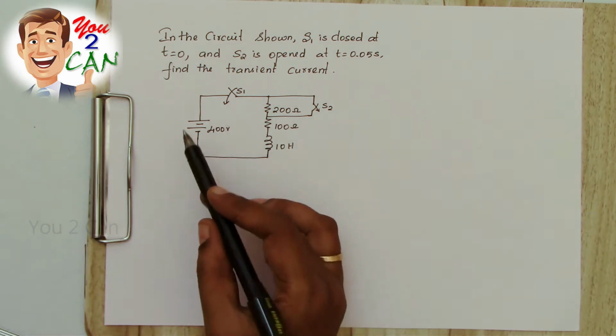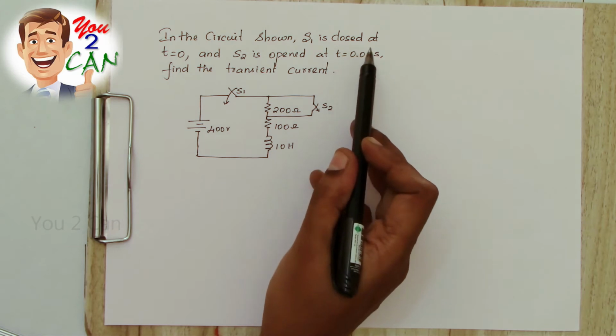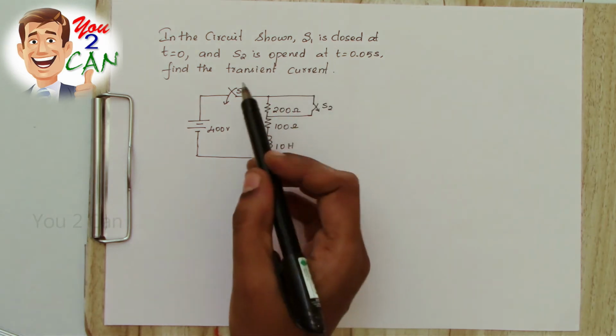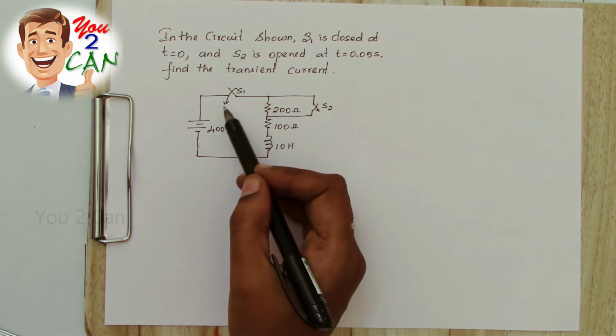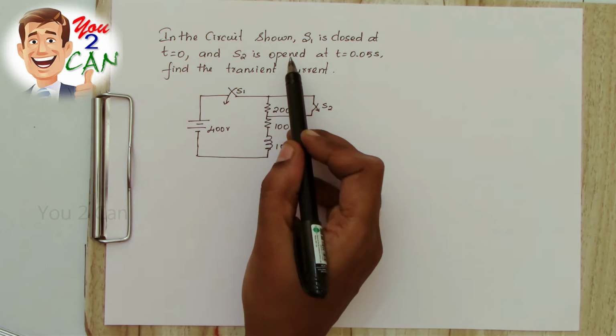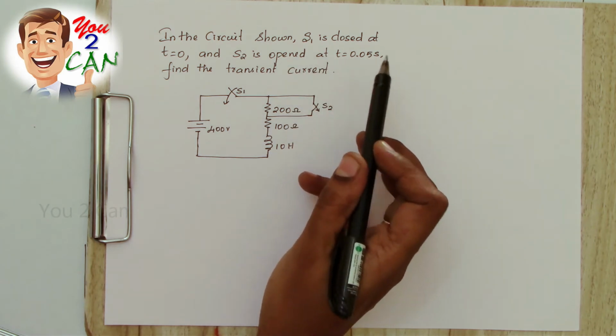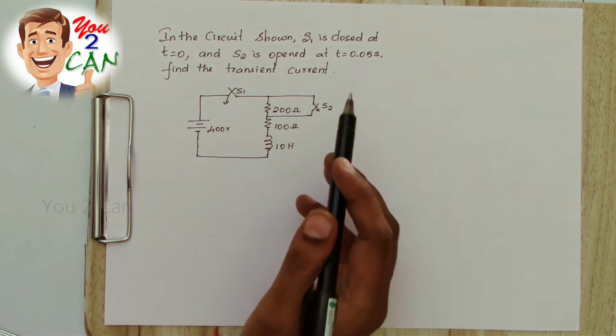First let us see this circuit. S1 is closed at t equal to 0. So first you have to close this switch S1. At that time, what is the position of switch S2? S2 is opened at t equal to 0.05 second only. So at t equal to 0, both the switches are in closed position.